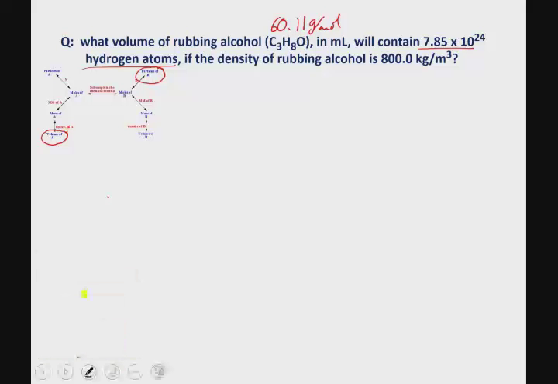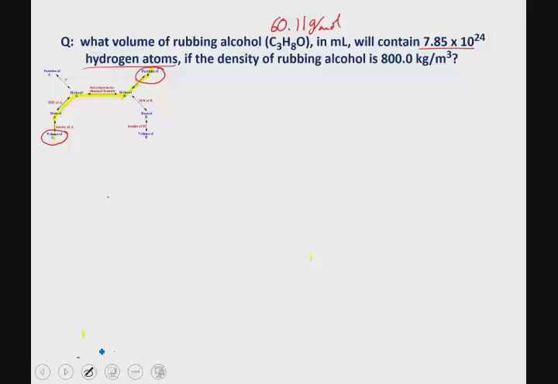So your path, once again, you're starting with particles or atoms of hydrogen to moles of hydrogen to moles of rubbing alcohol, to mass of rubbing alcohol, and then using the density as a conversion factor, we can then calculate the volume of rubbing alcohol. Okay, so let's use this to set up our problem.